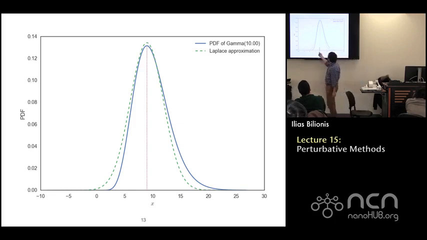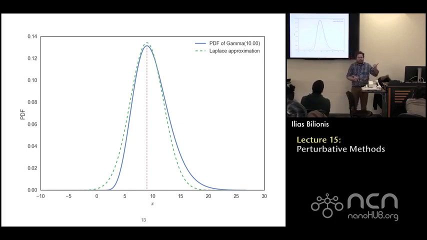So I'm finding the maximum of the blue one, I'm going there, I'm getting the second derivative, and then I'm building that Gaussian that I've shown you, with the mean being this point and the variance of the Gaussian being the second derivative, inverse with a minus sign in front of it.